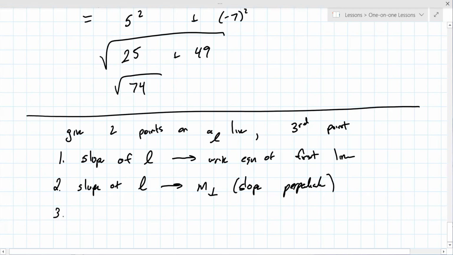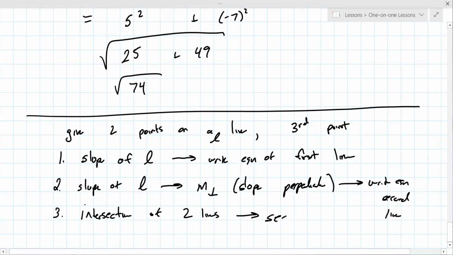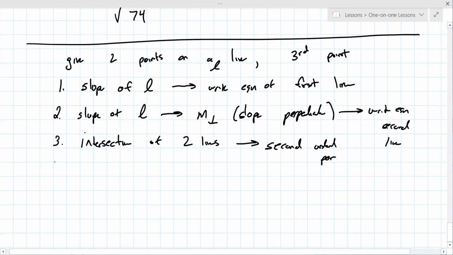Once we find that perpendicular slope, we write the equation of the second line. So we're basically getting two lines. The third thing you do is find the intersection. That gives you that second ordered pair, like in this previous problem. And the very last step is to use the distance formula to find the distance.